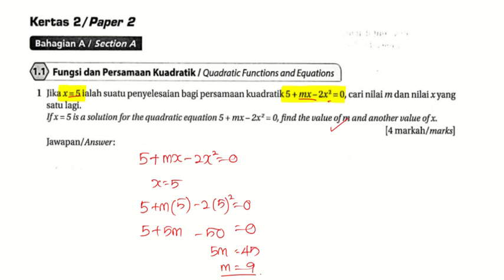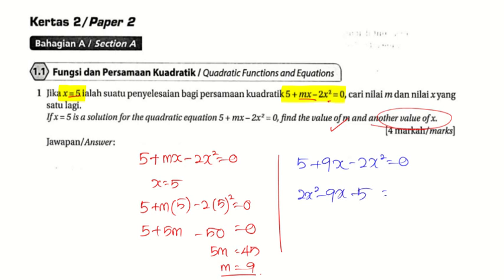Okay, now you finish. Find another value of x. Part 2. This is 2 marks only. So the other part also 5 plus 9x minus 2x squared equals to 0. Quadratic. So move it over. 2x squared minus 9x minus 5 equals to 0.